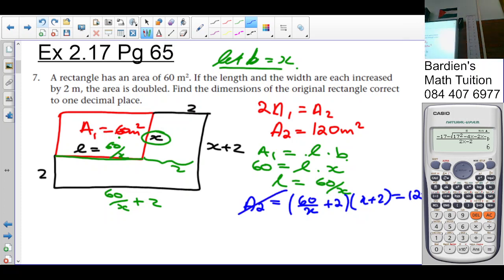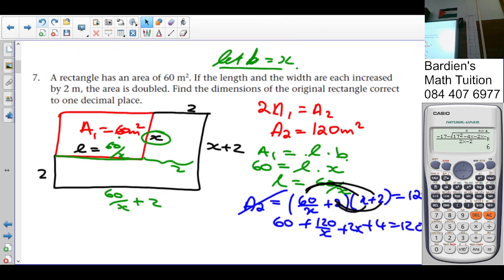Okay, so I drop that. So again, I multiply out here. 60 over x times x is 60. 60 over x times 2 is going to be 120 over x. 2 times x is 2x. 2 times 2 is 4. Is equal to 120.